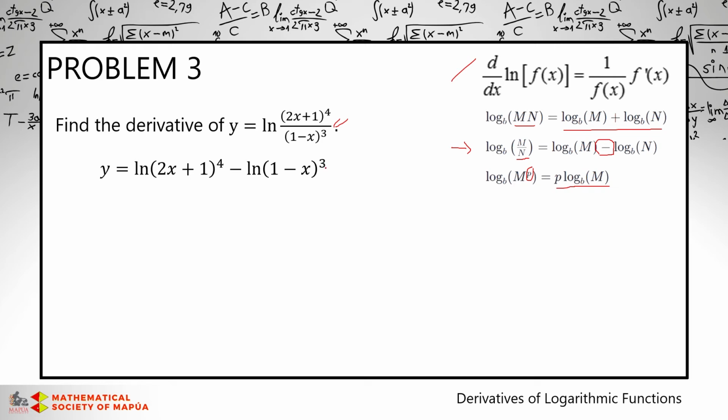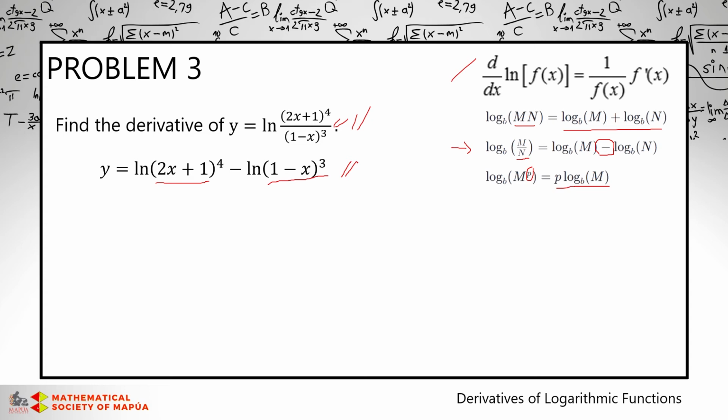We can write it as ln of the numerator minus ln of the denominator, since it's a fraction. You can actually differentiate it that way, since the only hard part is the quotient rule plus the exponent, which takes a long time. It's not that difficult though.